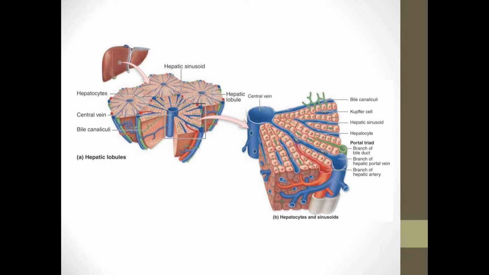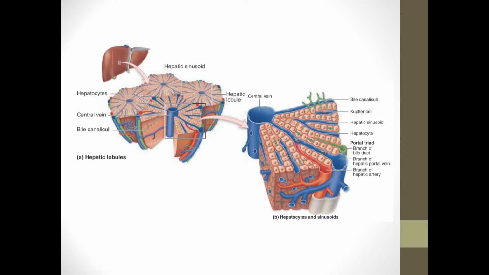So the main cell, the structural unit of the liver, what is it? It's the hepatocyte. These hepatocytes are large cells with round nuclei. They usually have one nucleus, sometimes two.